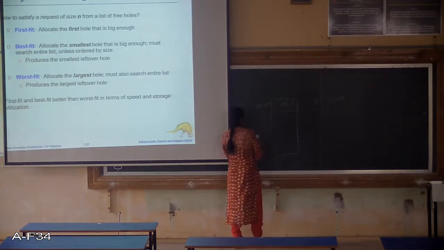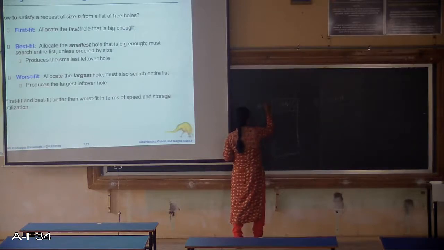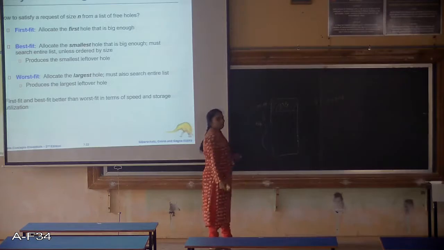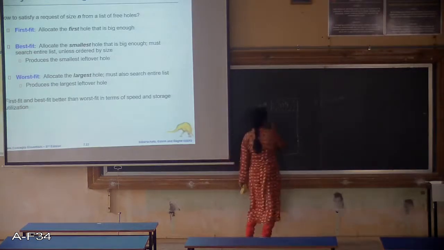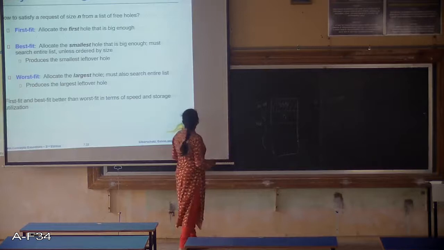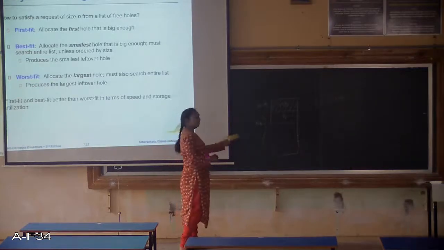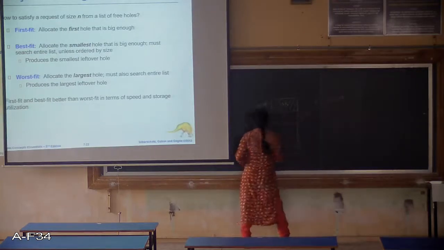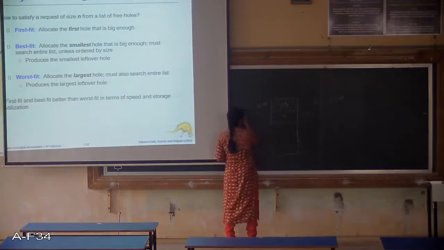Say 1 GB is left over for your user processes, and in that 350 is allocated. If you consider best fit, first fit and worst fit, this is free right now, so you can allocate. So this remains 900.